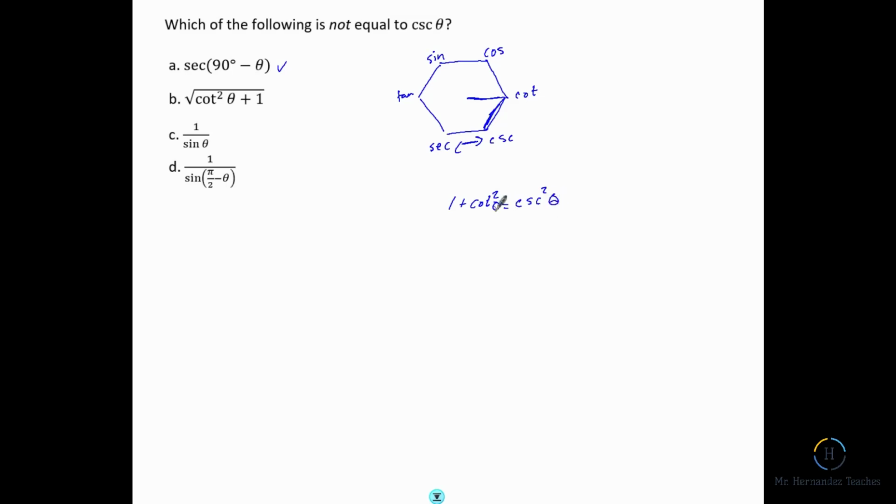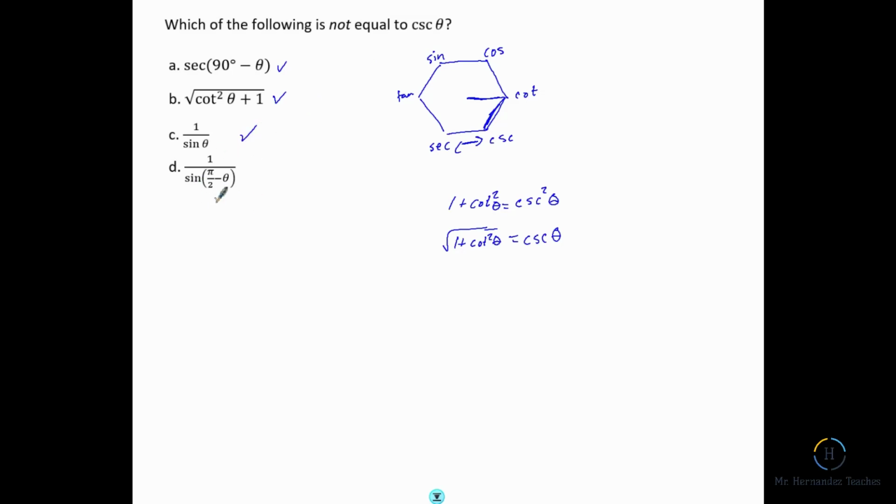And if I wanted to solve for cosecant, I would take the square root of both sides and end up with the square root of 1 plus cotangent squared theta is equal to cosecant of theta, which also works out. 1 over sine theta is just a reciprocal identity for cosecant, so that works out.